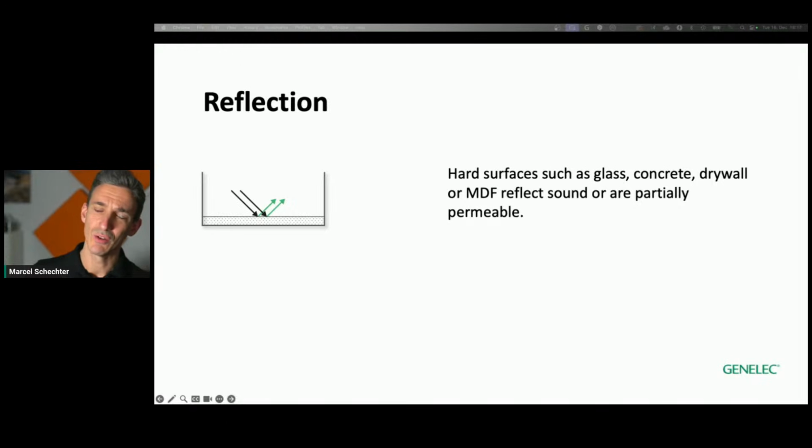Just to show this to you in short, surfaces like walls, for example, made out of wood or concrete and stuff like that, are usually a so-called hard surface for sound, which just means that all of the sound is reflected. So nothing is passing through. The complete energy is reflected. As you know, sound is not traveling in the form of arrows.